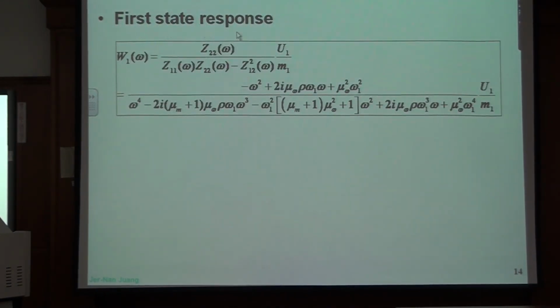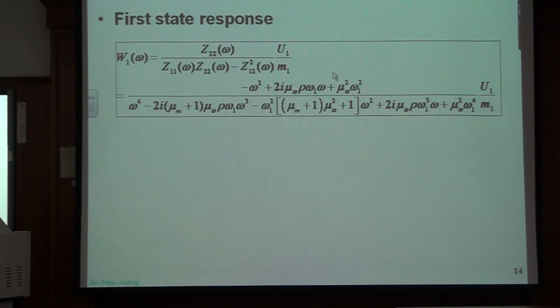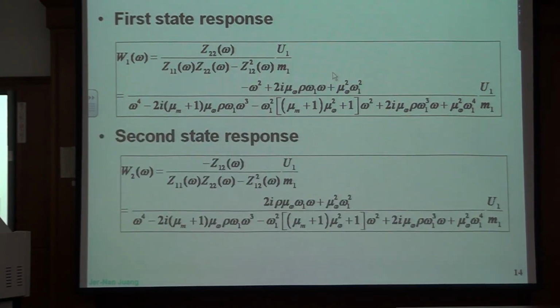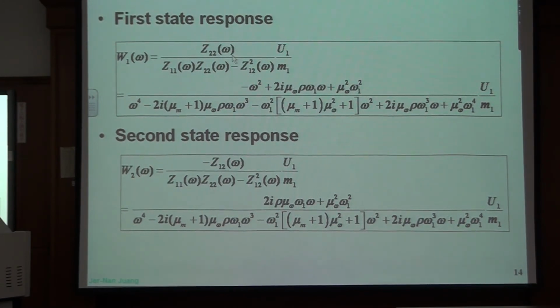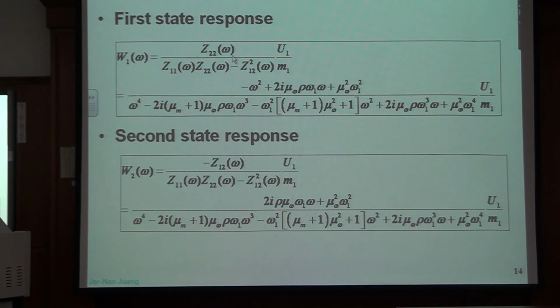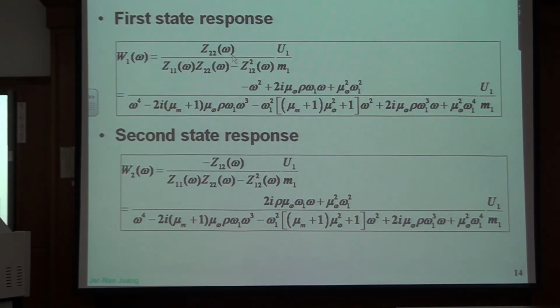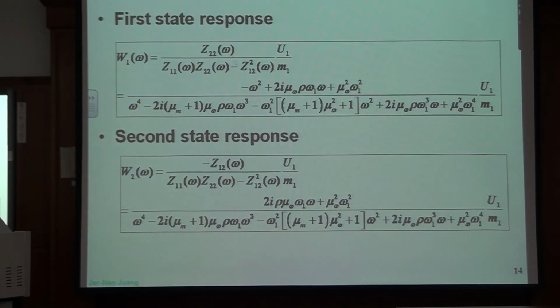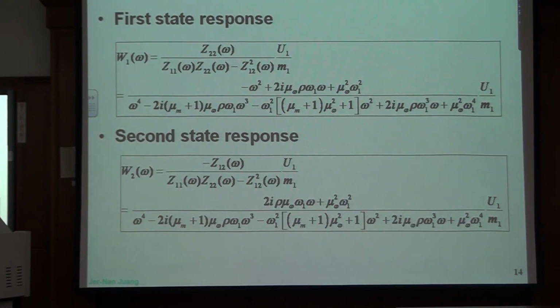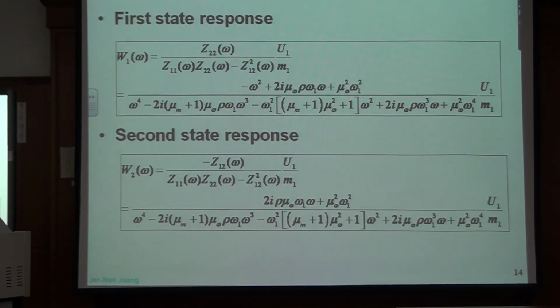The first state response is this, and my second state response is this. This all depends on ω. If your ω is changing, then your response is changing. Your harmonics are like your earthquake frequency changing, then your response will be different. So it depends on your input frequencies.